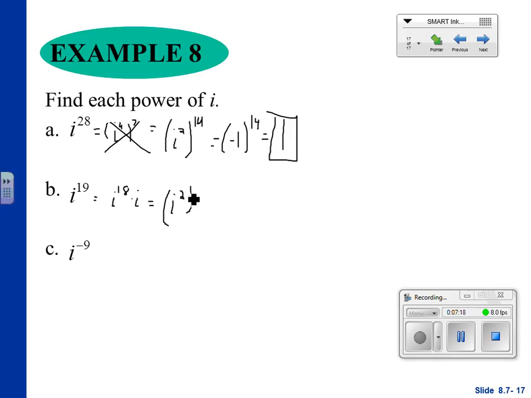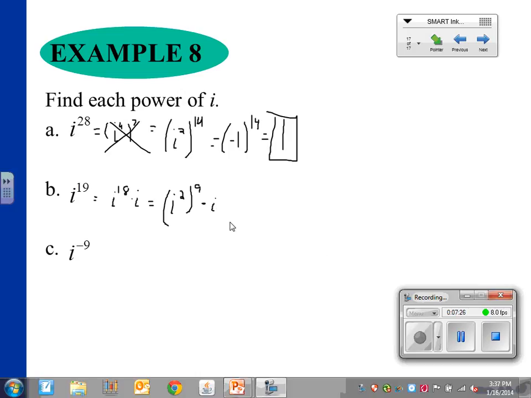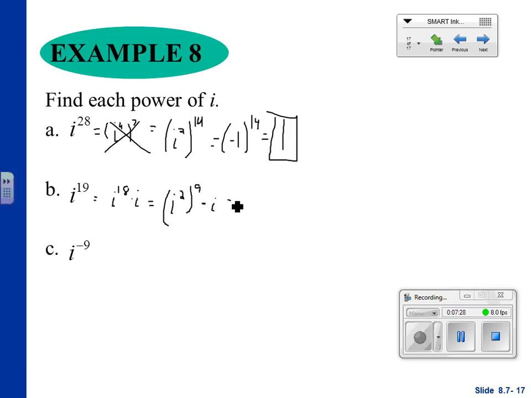And we want something that multiplies to give 18, so I'm going to raise it to the 9th power, times i. So that i squared becomes a -1 to the 9th power times i. Well, if you have an odd number of -1s, that stays negative. So this is the same as -1 times i, which is just -i.